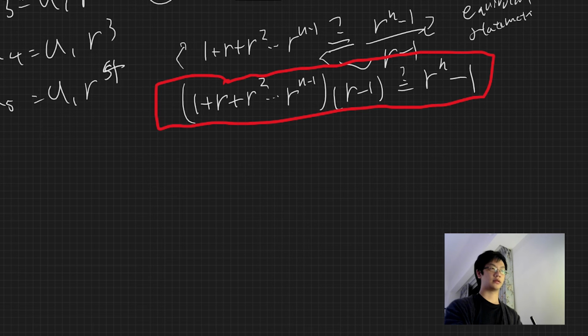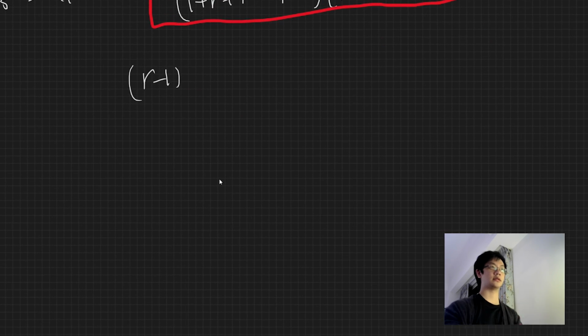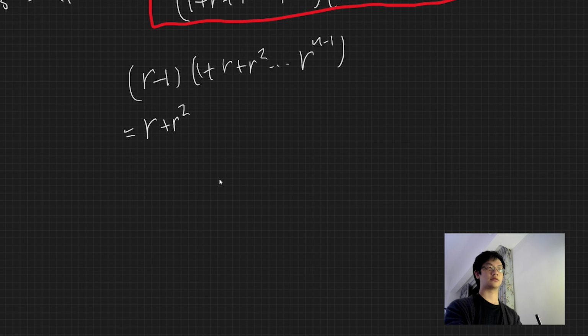So let's see. If I have r minus 1 times (1 plus r plus r squared, till r^(n-1)), I simply distribute. If I do r first, that means r's power will increase by 1 at each term because I'm timing it by r. So I have r plus r squared till r^n.